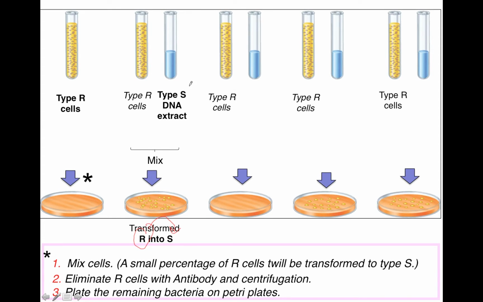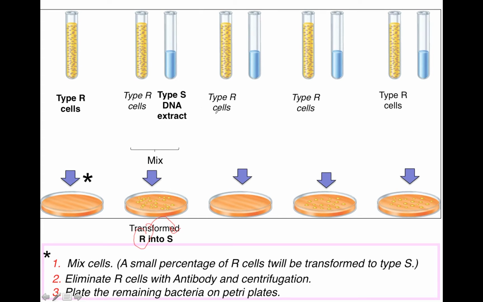Okay. Now, the next thing they did was to try and prove that in their extract, it was the DNA that was doing the transformation. There were a lot of skeptics. They said, oh, no, it's not the DNA. Instead, you've carried some contaminating molecules along in your extract, and it's really the protein that's causing this transformation to happen.